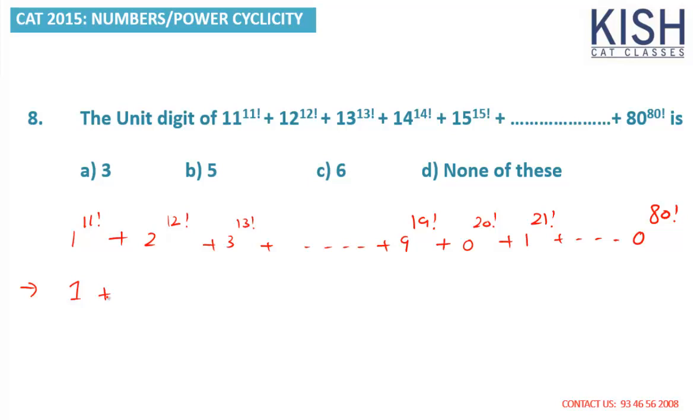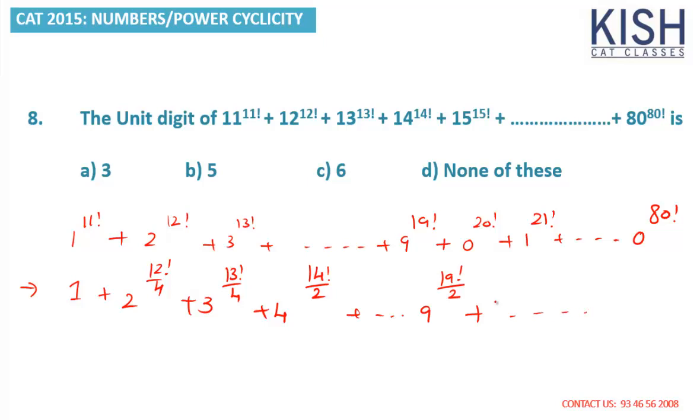For 2 we will get 4 different unit digits, so that is 12 factorial by 4, plus for 3 also we get 4 different, that is 13 factorial by 4. For 4 we get 2 different unit terms, so that's divided by 2, and so on. For 9 whole power 19 factorial, for 9 we get 2 different unit terms, and so on.